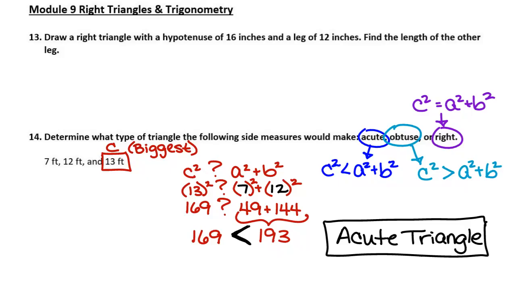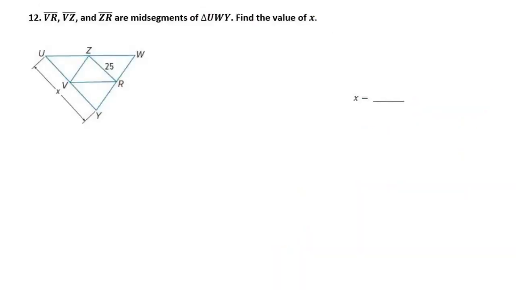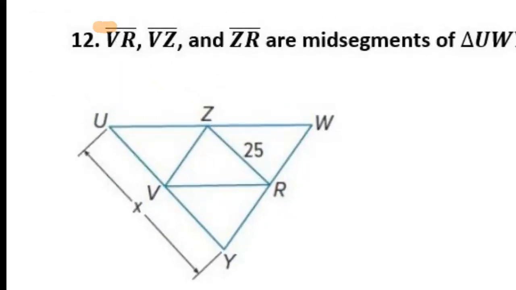What else would you guys like to see? 12, absolutely. Number 12, VR, VZ, and ZR are mid-segments. So VR, that's this one right here. VZ, that's this one right here. And ZR is this one right here.